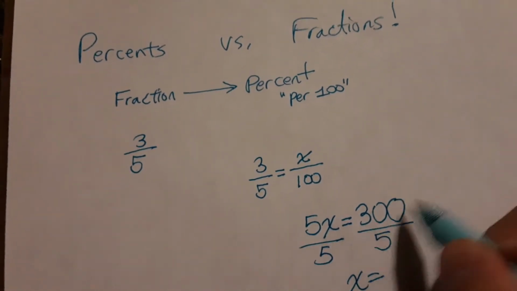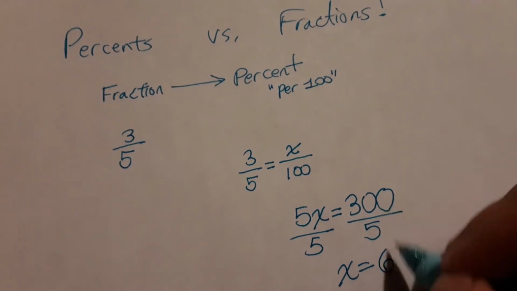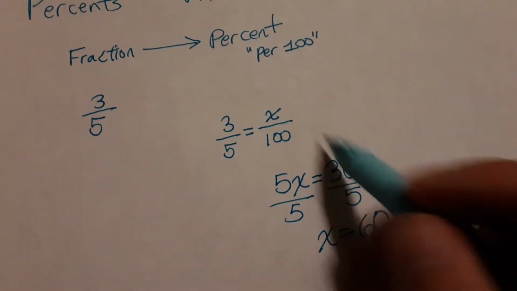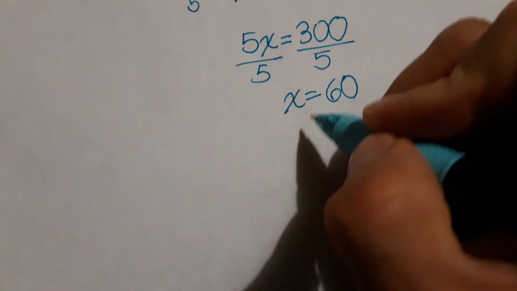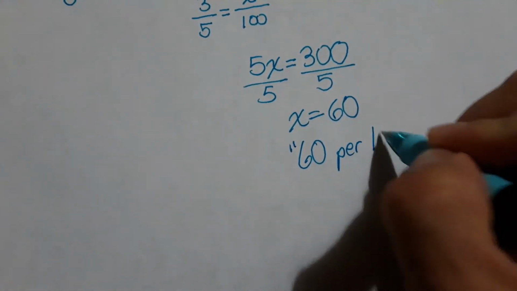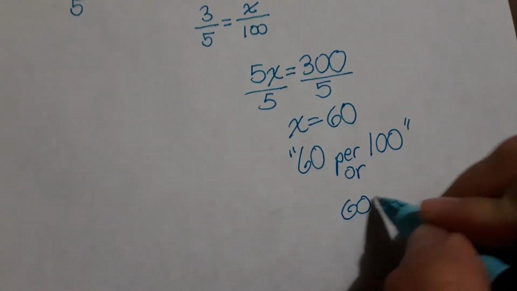X equals 5 goes into 30 6 times. 5 goes into 0 0 times. X equals 60. So it's 60 per 100, or just simply 60%.